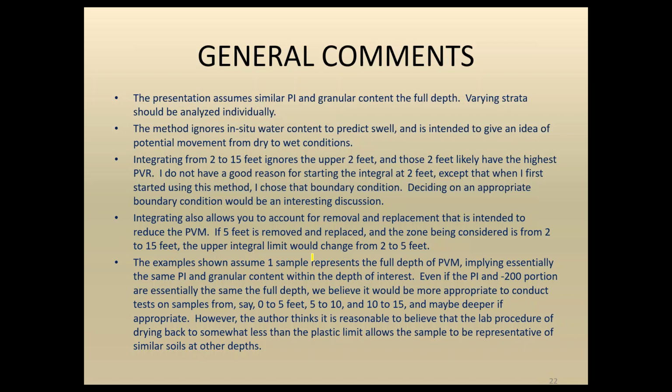However, I do think that even with just the one sample, it still gives a good idea of the movement potential within that whole zone of those similar characteristics because of drying it back to drier than the plastic limit.